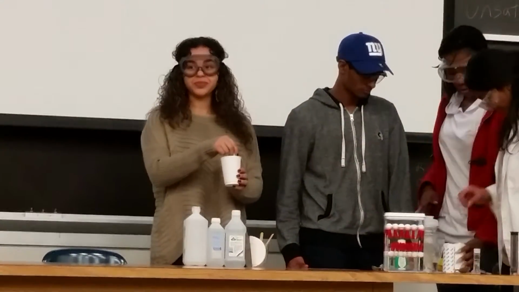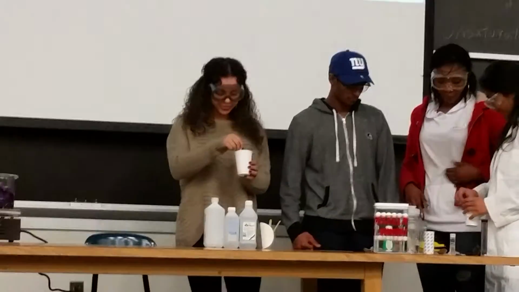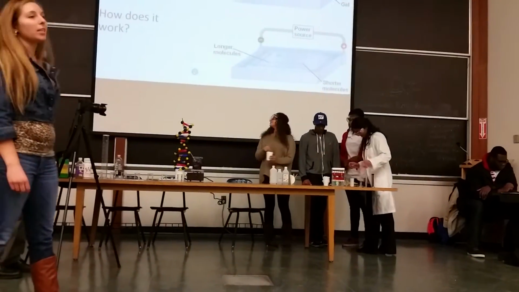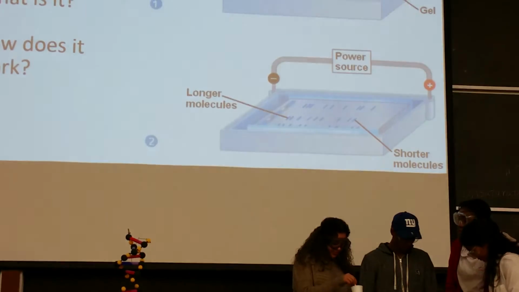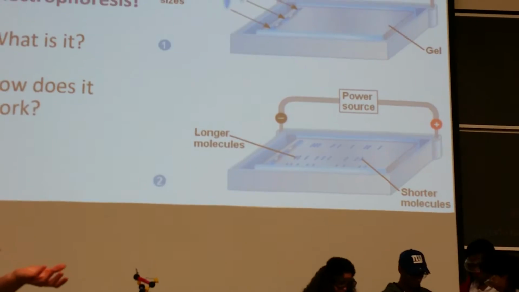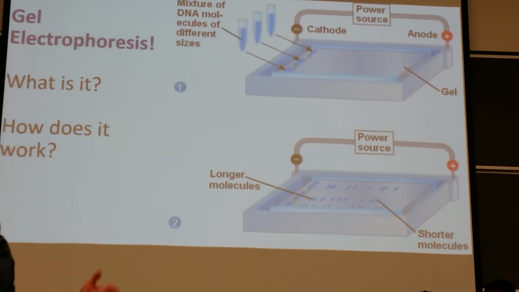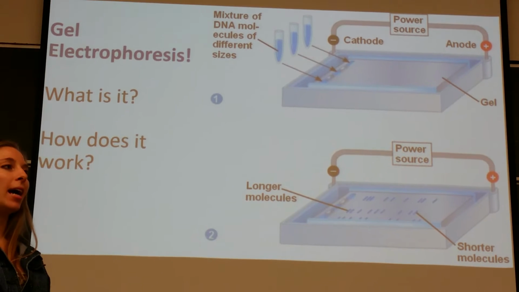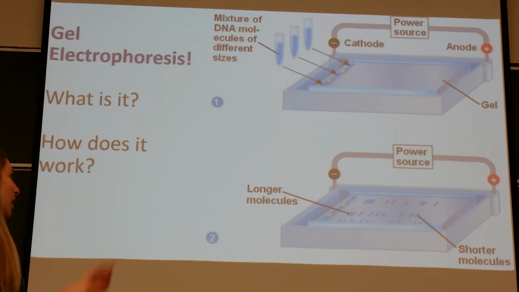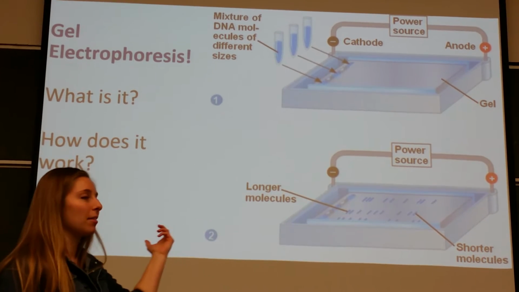And they're going to use it in a special process that we use in laboratories called gel electrophoresis. And what exactly is this? Well, there's a box called a chamber, and each end has a charge, a part of a cord plugged in, connected to a power source. One end is called an anode, which has a positive charge, and the other end has a negative charge called a cathode.